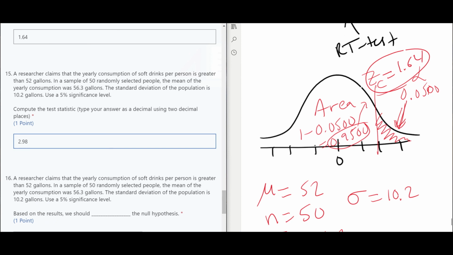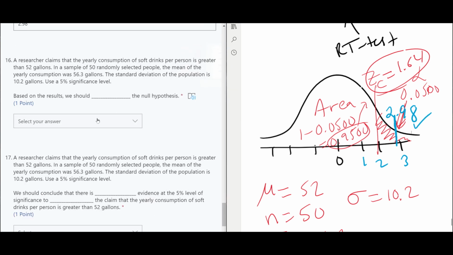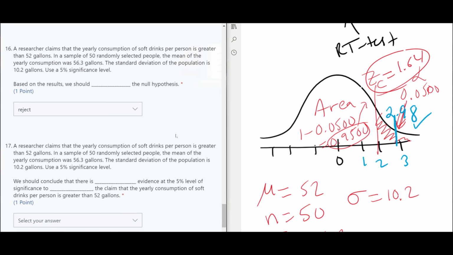If we label that on here, this is 1, this is 2, this is 3, and 2.98 is pretty close to 3. Notice that it is smack dab in the rejection region. That's in the red region, which tells me that I need to reject the null hypothesis. So based on the results, we should reject.